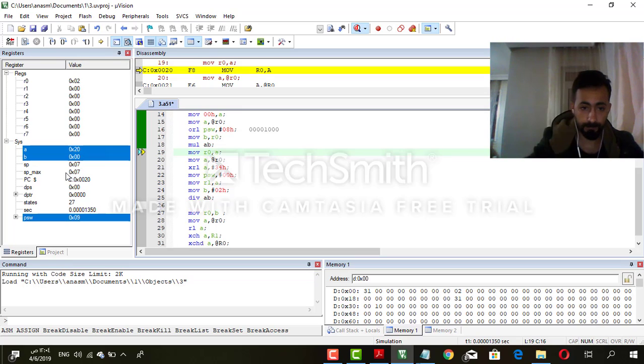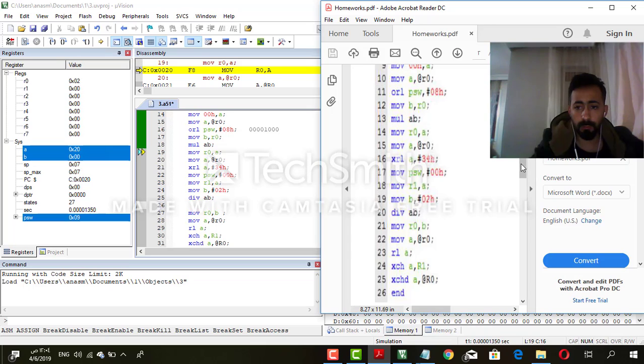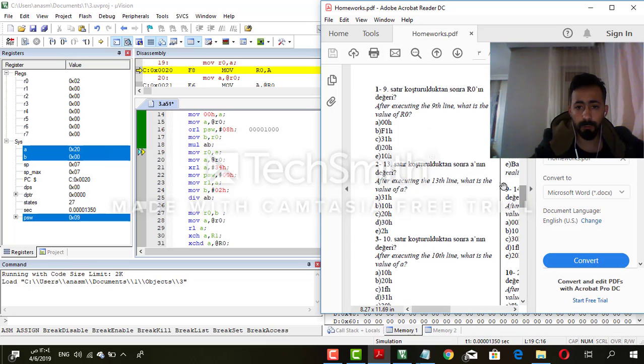Okay, is there any question? Yes, there is question number 2. What's the value of A? A will be 20 as we see. And is there another question? No, there is none.